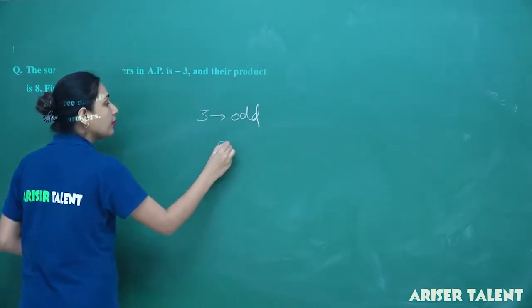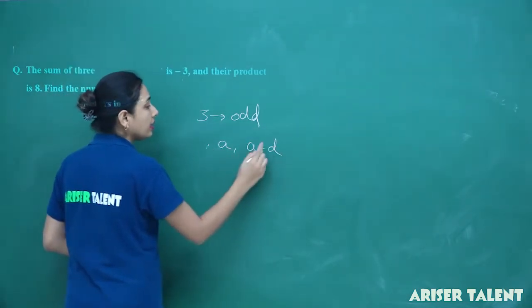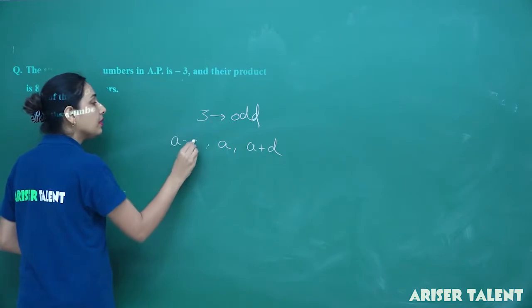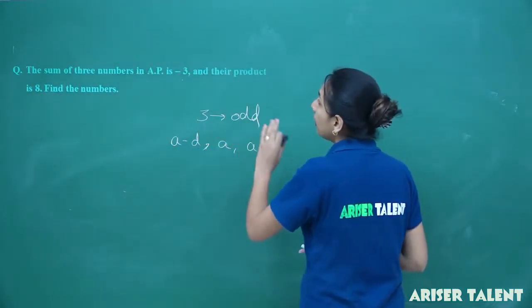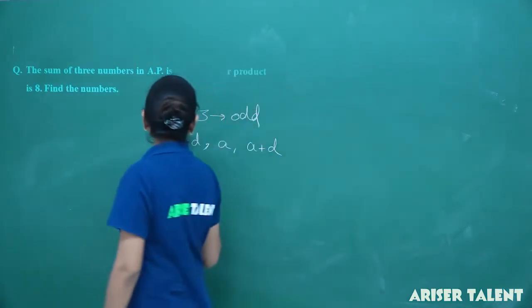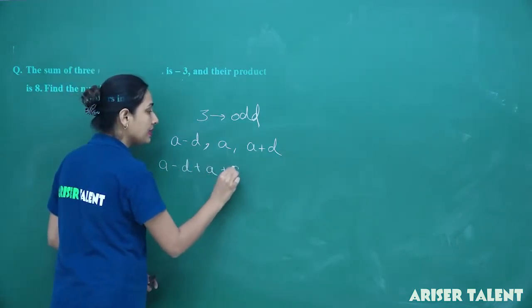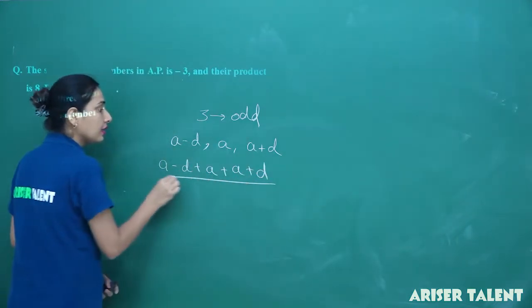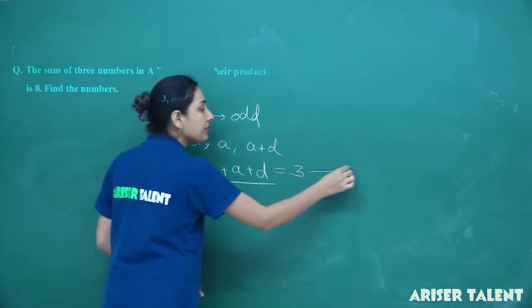So we will take the terms A minus D, A, and A plus D. So it's saying the sum of 3 numbers in AP is minus 3. Now A minus D plus A plus A plus D will give you what? Minus 3. This is your equation 1.